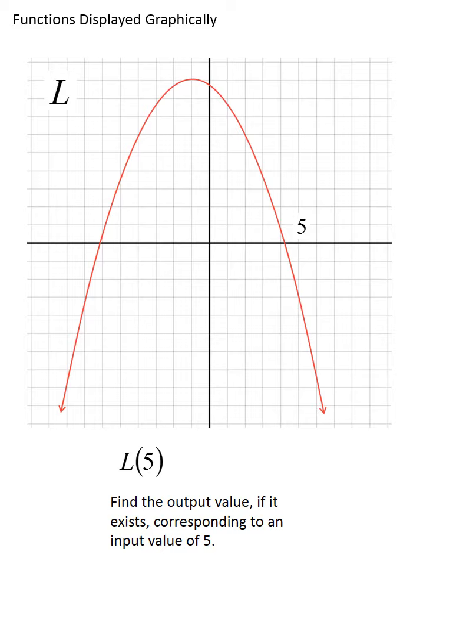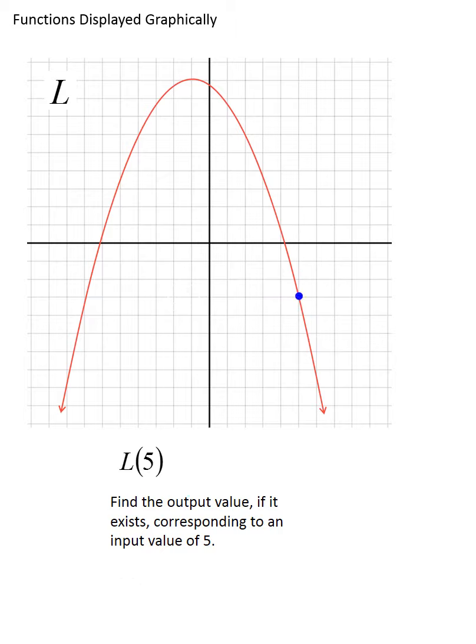Here's 5 on the input axis, or the x-axis, and what I usually do is I just look down to the graph, or up in some cases, and then over, and I've got my output value of -3, and that's the answer to L of 5. By the way, there's another way to think of this same problem.